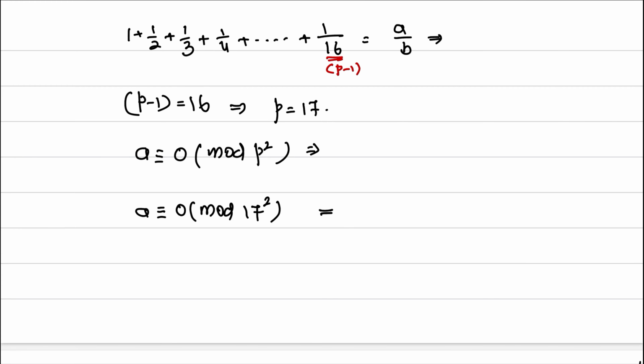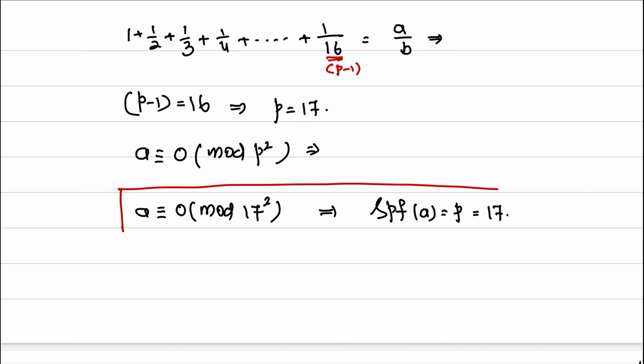Which implies the smallest prime factor of a is equal to p, that is equal to 17. This is very, very important. Please try to understand this.